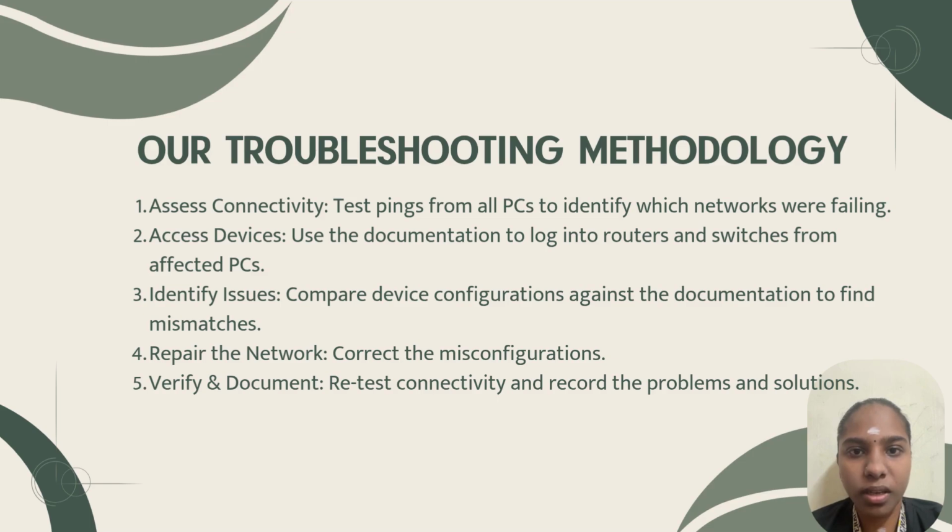Once we were inside the device, we compared the live configuration with the documentation to identify any mismatch. After finding the issues, we carefully corrected the misconfigurations to ensure everything was properly set up, and finally we verified our fix by retesting all the network connections. We also documented everything we found and the steps we took to complete the troubleshooting process.